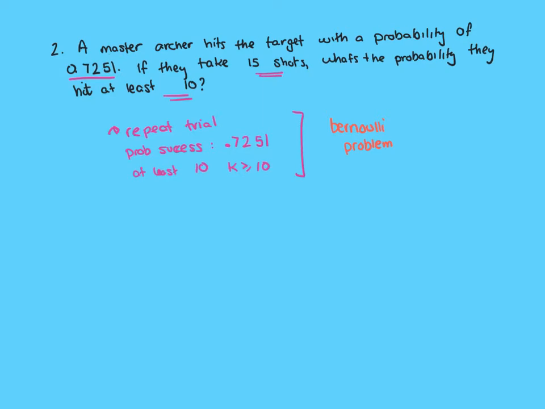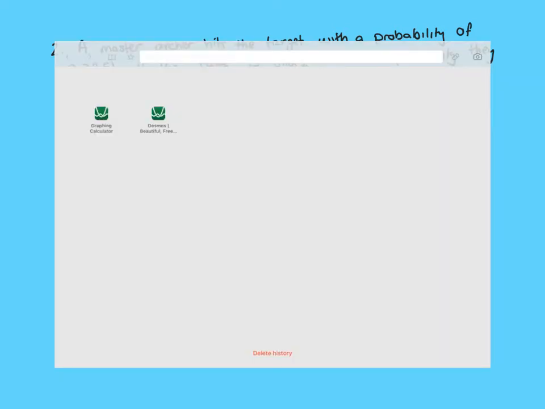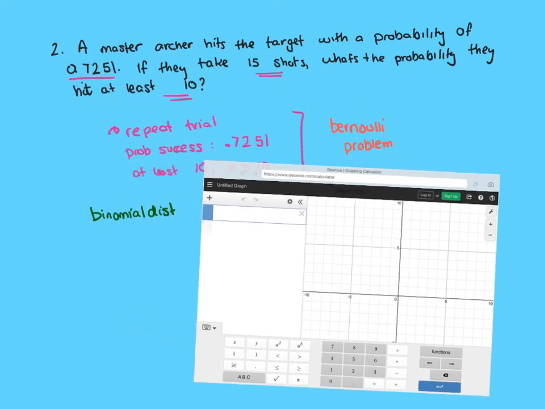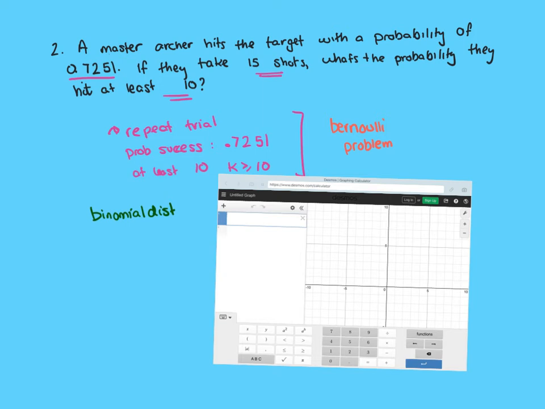So what I need to do is I can use my binomial distribution. I think the easiest way to do it, instead of using the formula, is to just use Desmos and use that binomial distribution. So I'm going to go ahead and pull that up here so that we can use that. So I'll go to Functions, Distributions, Binomial Distribution, or you can just type that in. The trials was 15.